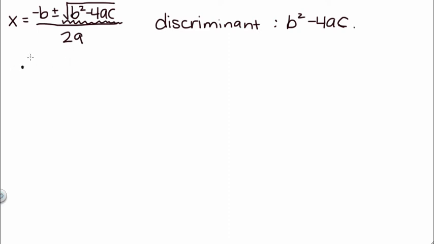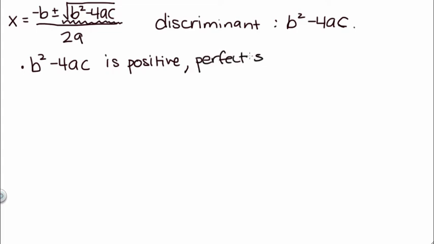So the first one is when b squared minus 4ac is positive, first of all. And let's suppose it's a perfect square. So if it's a perfect square, it means you can take the square root and get a whole number.